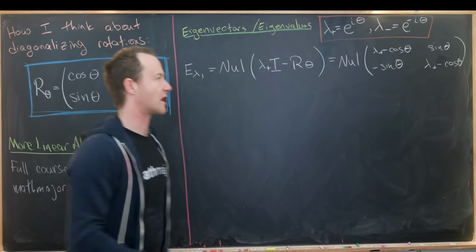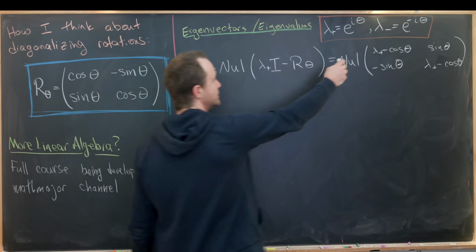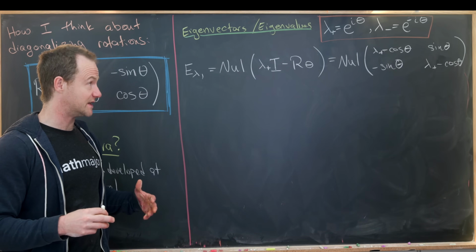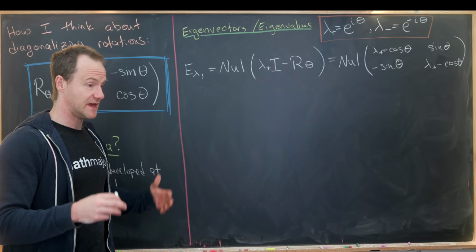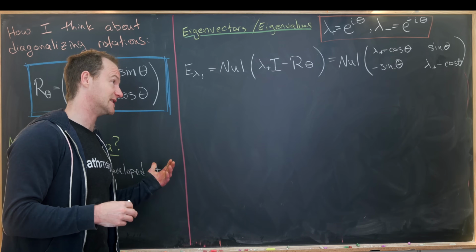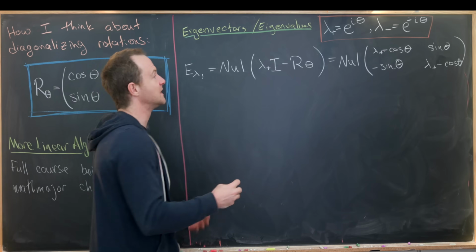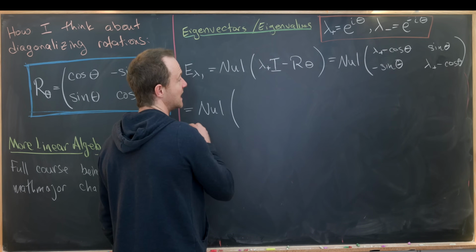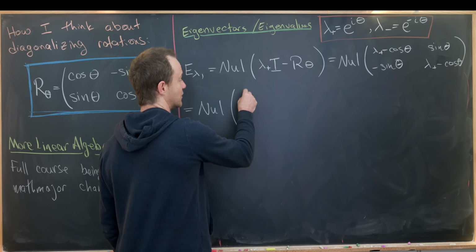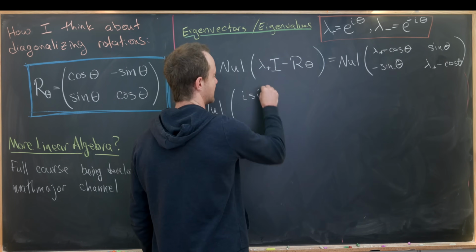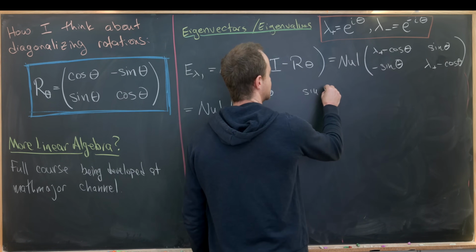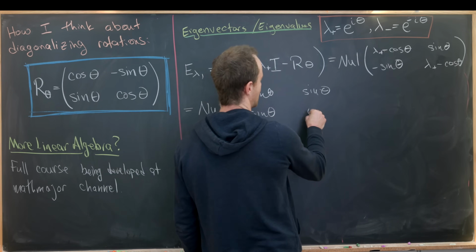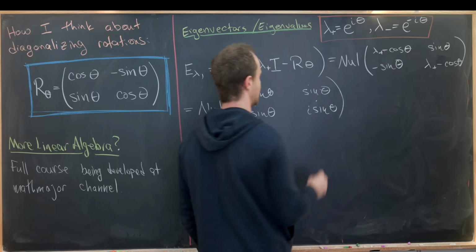That's our matrix. Now let's use the fact that lambda plus is e to the i theta, which can be rewritten with its expansion as cosine theta plus i sine theta, and that allows us to simplify. I'll cut out one of those steps, and we'll just notice that in this entry we'll have i times sine theta, here sine theta, here minus sine theta, and here i times sine theta.